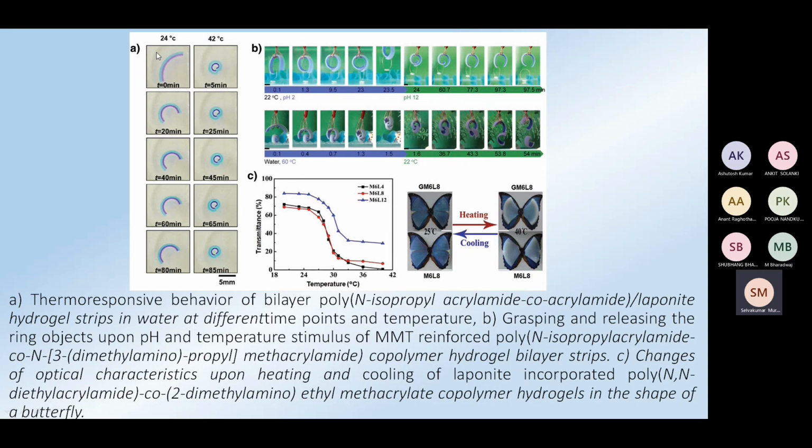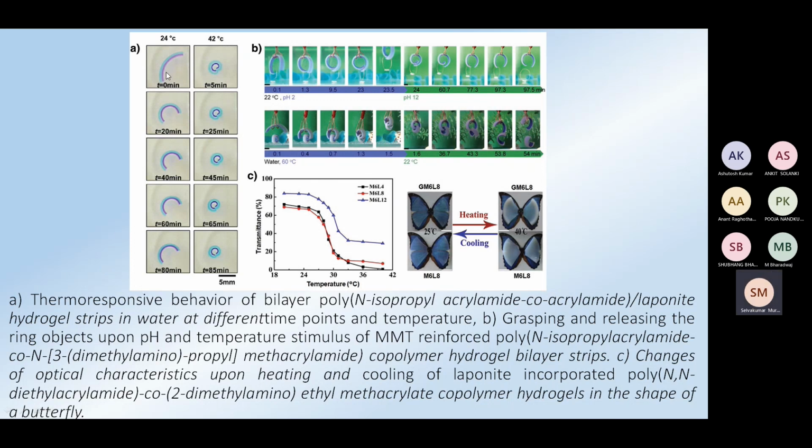In figure A, the experiment was performed at 24 degrees Celsius. At different time intervals, they observed how the shape changes in the water media. Once it reaches 60 minutes and above, the strip converts into a semicircle.